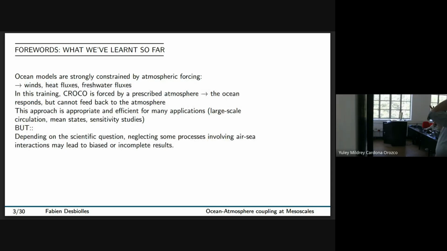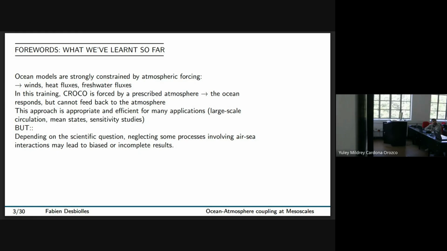So in this training, so far you use those forcing or these atmospheric variables as prescribed, okay? This is totally fine, but in that case, we see the ocean respond to that forcing, but not the feedback to the atmosphere and the two-way feedbacks, right?